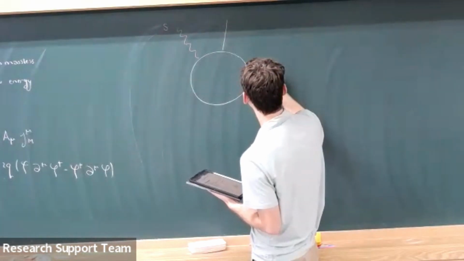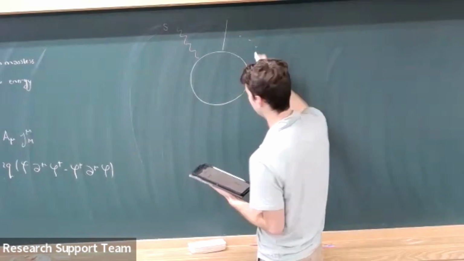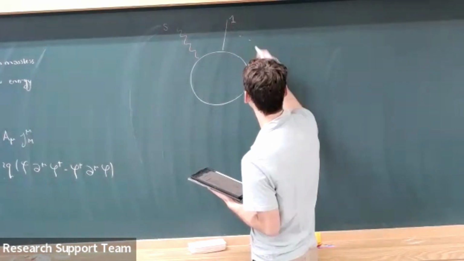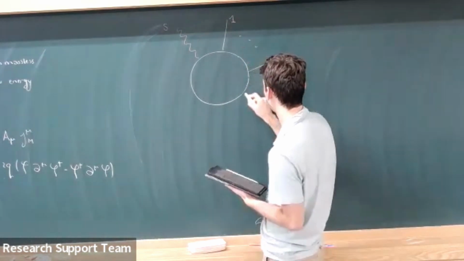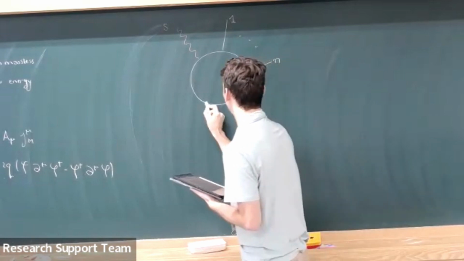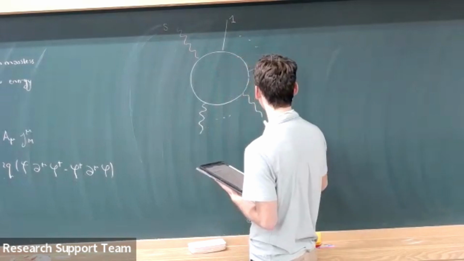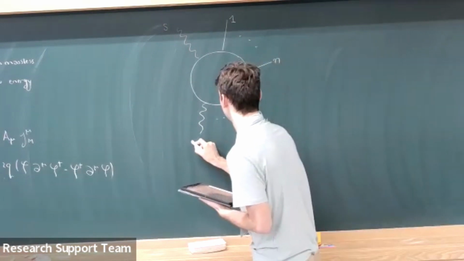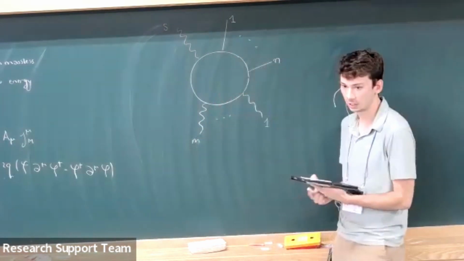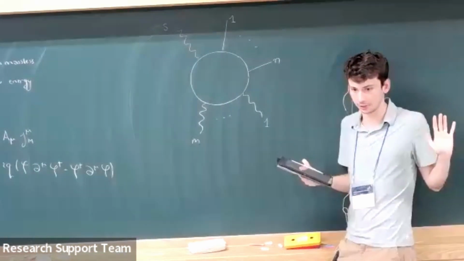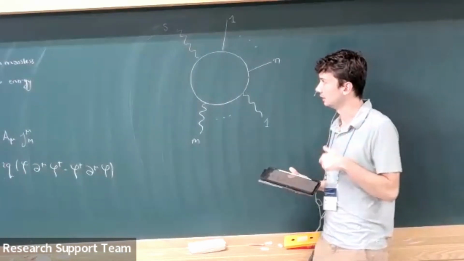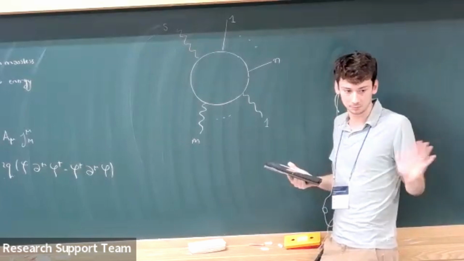So these straight lines are going to be for the charged scalars, and we'll say there are n charged scalars which appear in the scattering amplitude. And perhaps there are m additional photons which are hard, which appear in the scattering amplitude. So this is some very generic scattering amplitude, the most generic scattering amplitude that you can consider in this theory. It could have loops in it, take your pick.